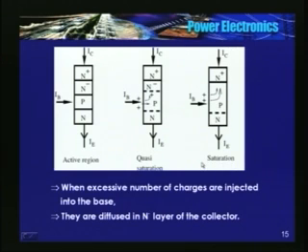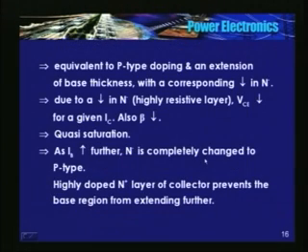The device is completely saturated or highly saturated. See, the explanation is given here. Saturation is equivalent to p-type doping and an extension of base thickness with a corresponding decrease in N minus.